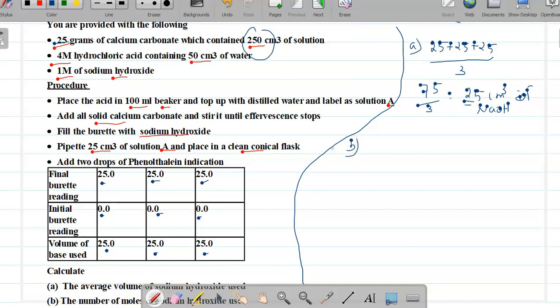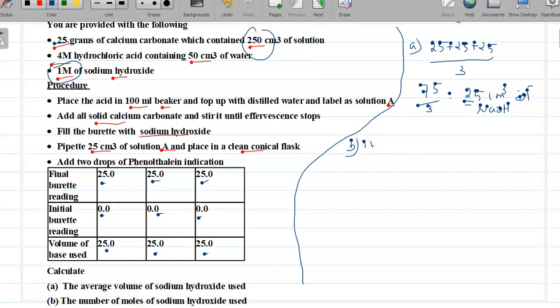Part B is asking for the number of moles of the acid, the number of moles of the hydrochloric acid used. To get that, we first get the number of moles of the base, which is sodium hydroxide, used. To get the number of moles of sodium hydroxide, we have the volume used, which is 25, and we have also the molarity of the base, which is 1 molar.